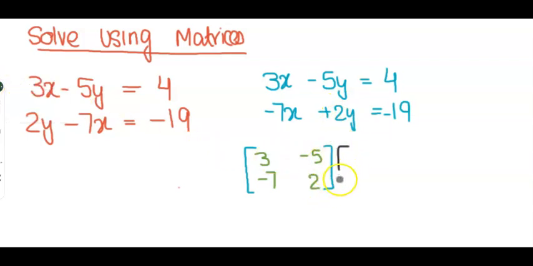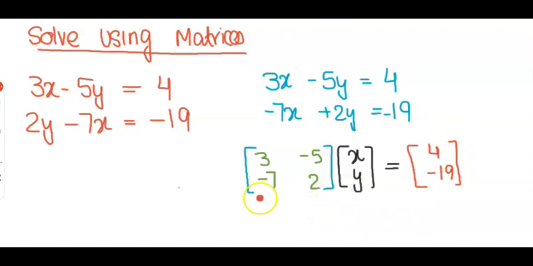Now after that, I do x as the first variable and y as the second variable. And the last thing that's left is 4, minus 19.